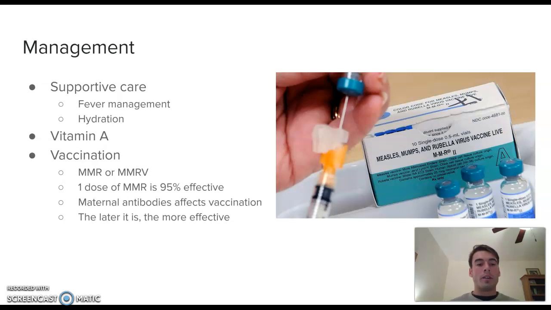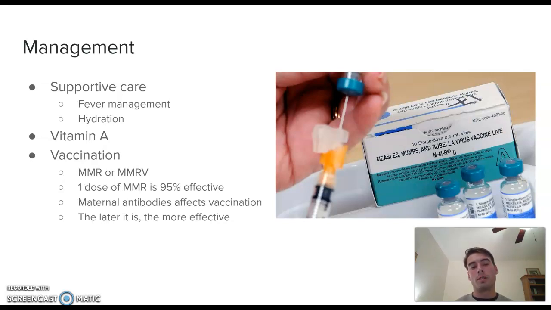There are a few different options for measles vaccination. The first is just a single dose of just measles vaccine. More common in the United States are the MMR and MMRV vaccines. What MMR stands for is measles, mumps, and rubella. If you get that vaccine, it'll provide protection against all three.